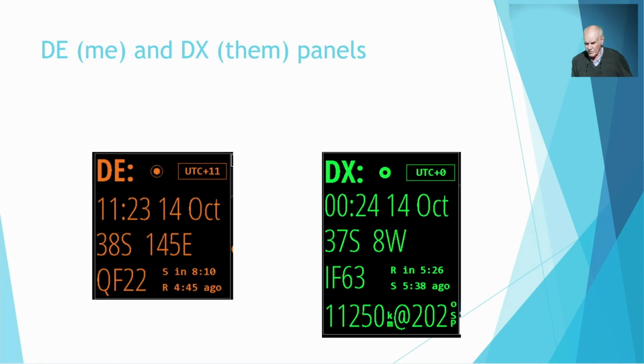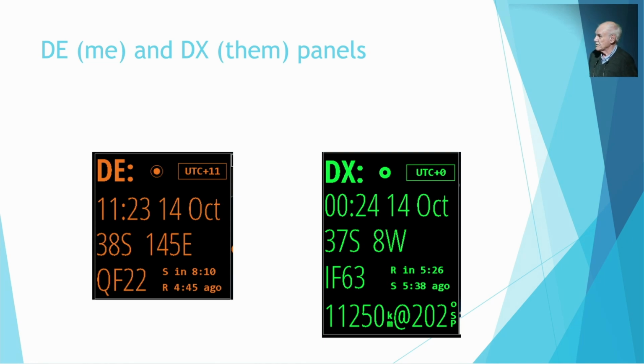Then there's two panels, which you can see on the real one there, the DX and the DE. The DE is me, so that's information about the operating position. We're currently UTC plus 11. It has date and time, lat long, grid locator. That means sunset in 8 hours, and sunrise was 4:45 hours ago.